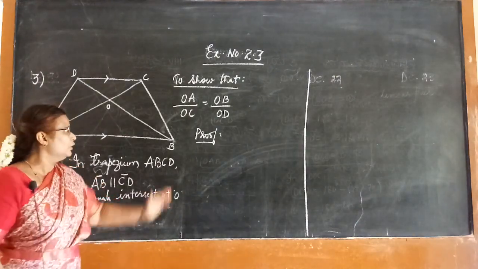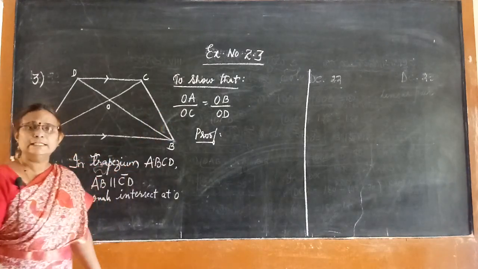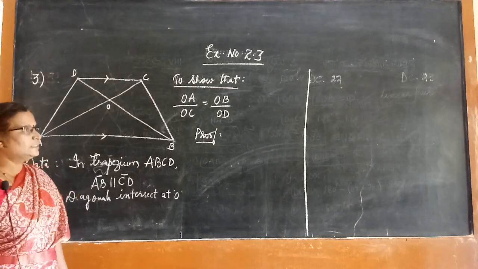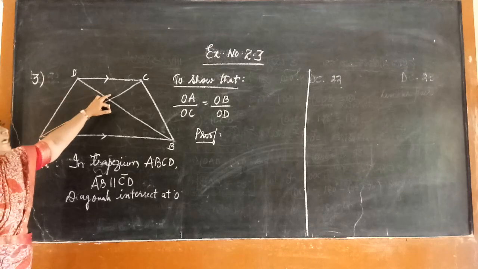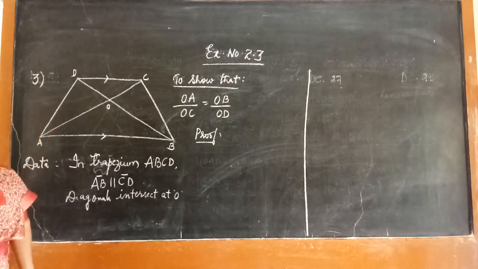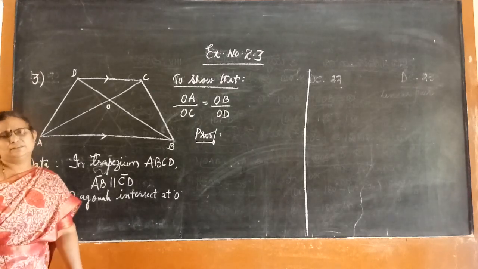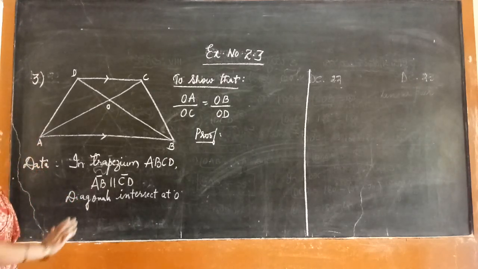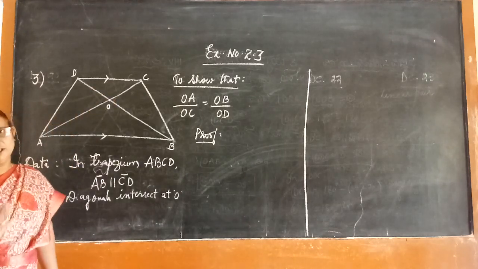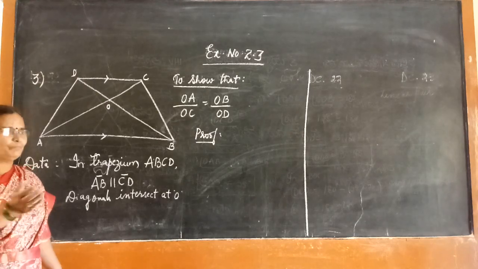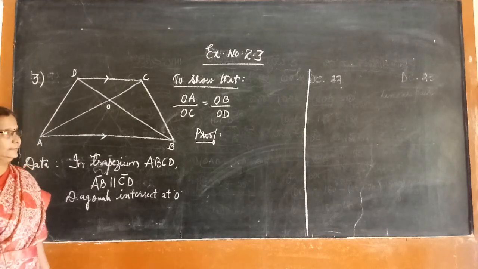Whenever you have to prove that any side ratios are equal or the angles are equal in similar triangles, first and foremost we have to show the triangles are equiangular. Do remember, in most of the cases while solving similar triangles problems, first you have to prove the triangles are equiangular using the properties of parallel lines or the propositions we have studied in earlier classes.